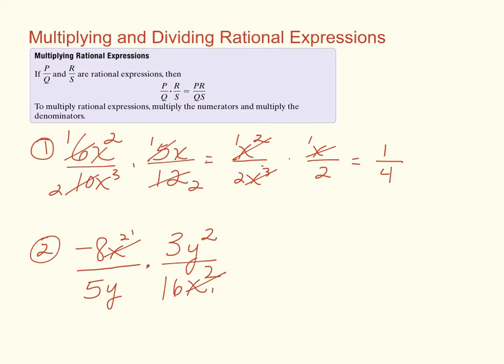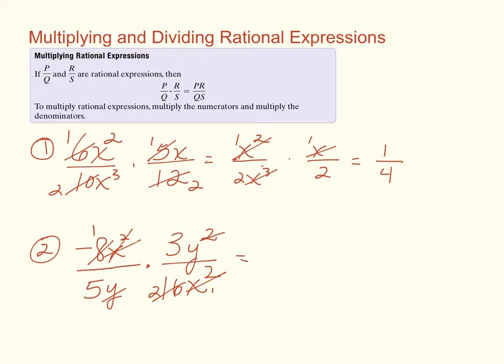Okay? What else? The 8 and the 16 reduce. 8 goes into 8 once, and 8 goes into 16 two times. Then we have the y down here cancels with one of the y's up here.